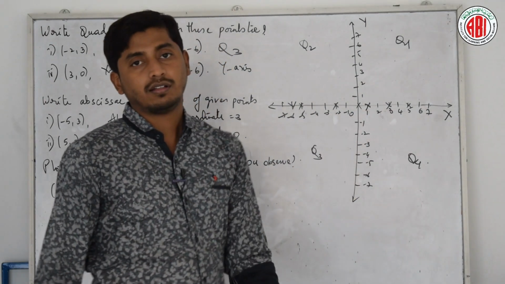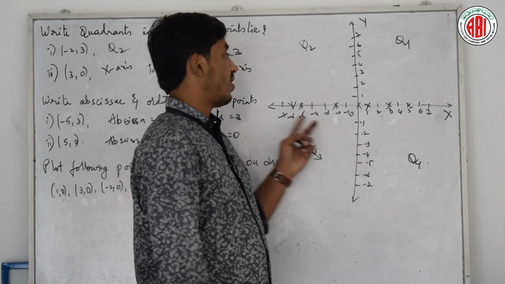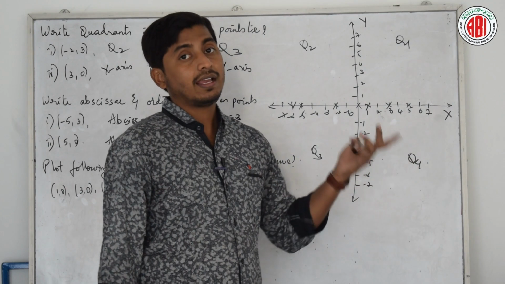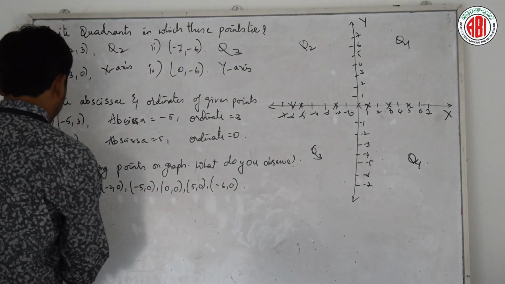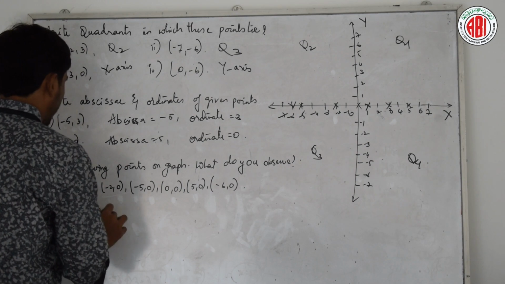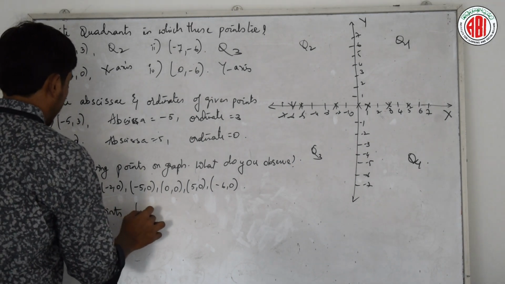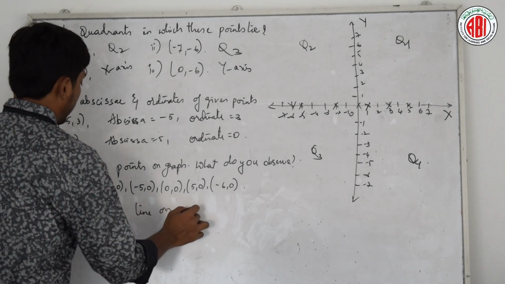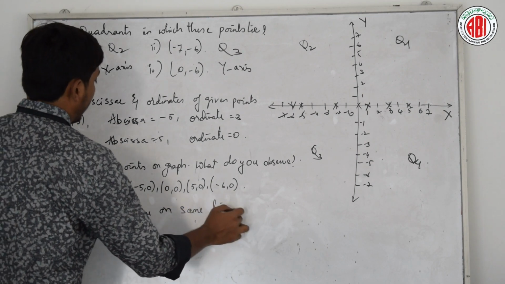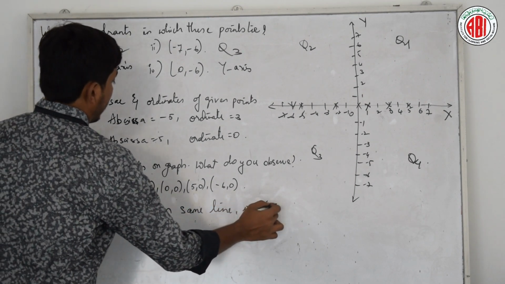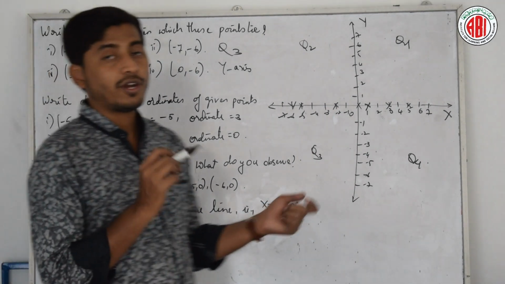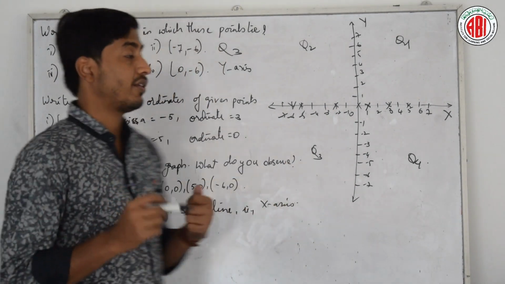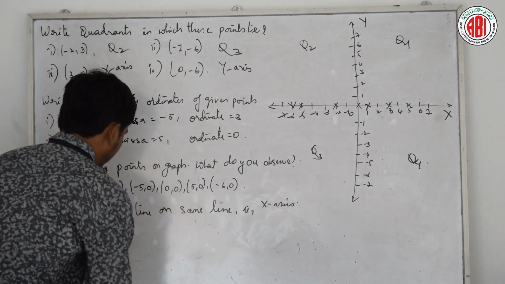What did you observe? Tell me. These all points lie on the same line. Here all points lie on the same line, that is x axis, right? If all points lie on the same line, then we can call them collinear points.